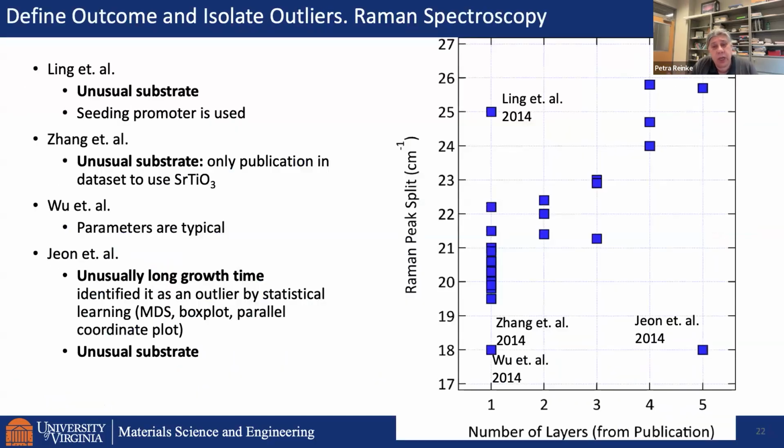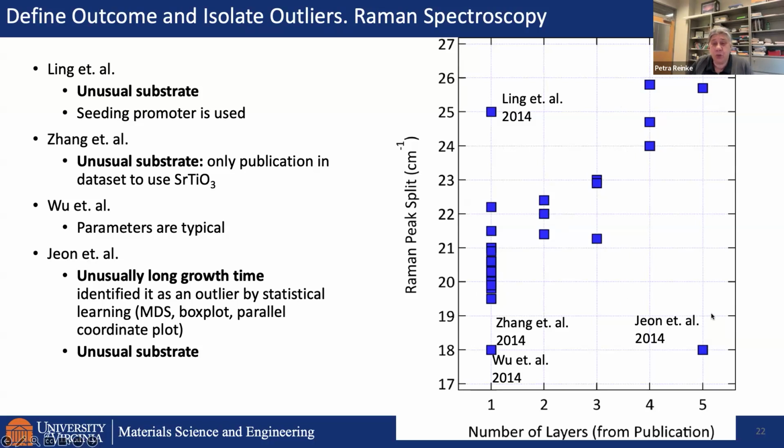So even if you look at Raman spectroscopy, where your peak split correlates reasonably well with the number of layers, you still see a significant spread. You have those who claim single layer, but the Raman spectroscopy actually shows that the peak split is much larger.